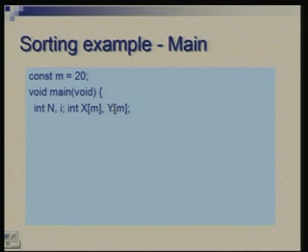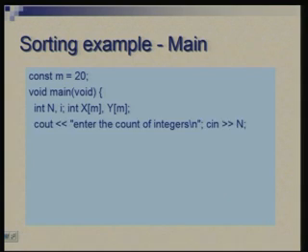m is actually the maximum dimension, and in this specific case we will have the dimension as input, and that will be in variable n. So, n is the actual size in a particular case. This takes care of entering the value of n, which is the dimension of the array.